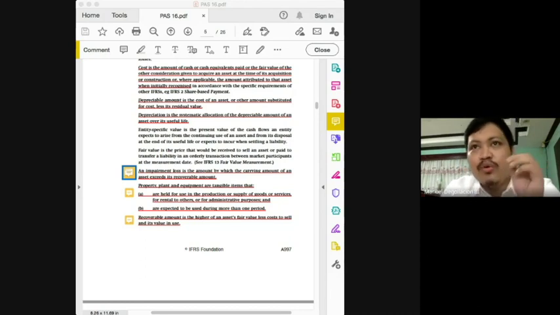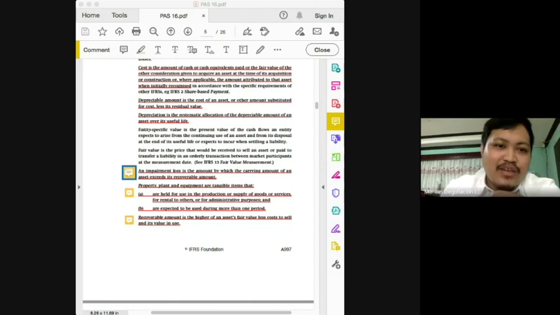But I'm telling you, when you will now be dealing with computational questions, none of these will be given outright. You will have to solve for carrying amount. You will have to solve for recoverable amount by computing first for the fair value less cost to sell and the value in use. This is a difficult topic because everything will not be given to you. But in theory, this should be very simple. You just need to compare your carrying amount and your recoverable amount.